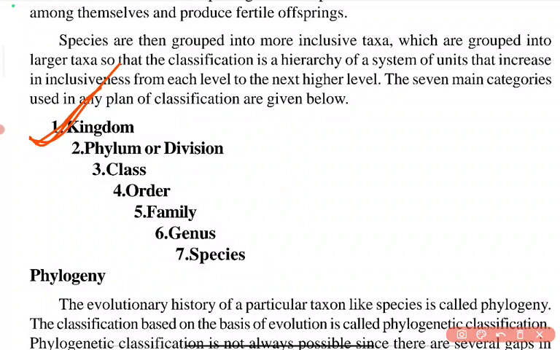Which kingdom? That is plant kingdom. Because if we say the word plant kingdom, then it is about all plants. If we talk about the plant kingdom, then it is the whole plant present on the earth, all plants in the plant kingdom.